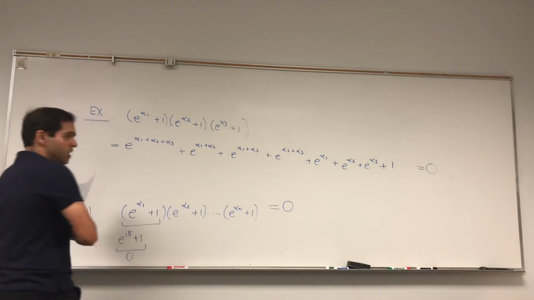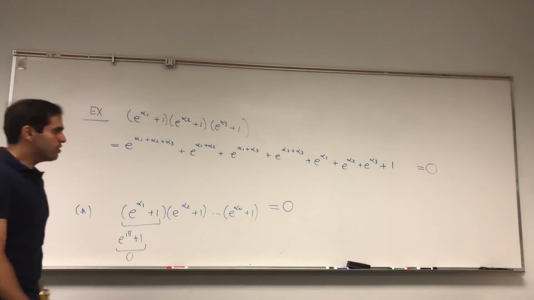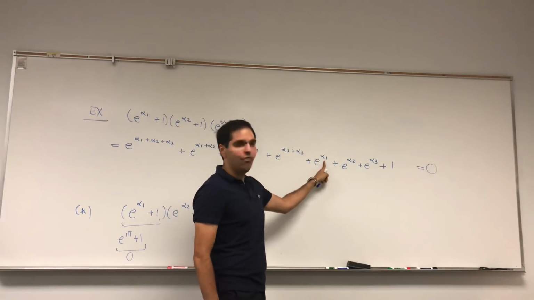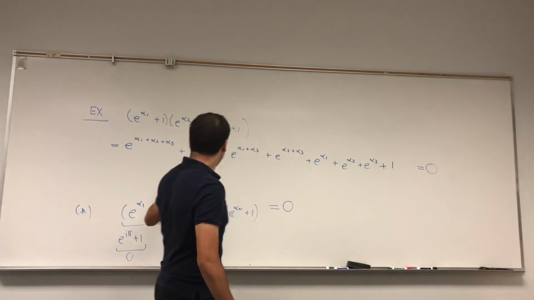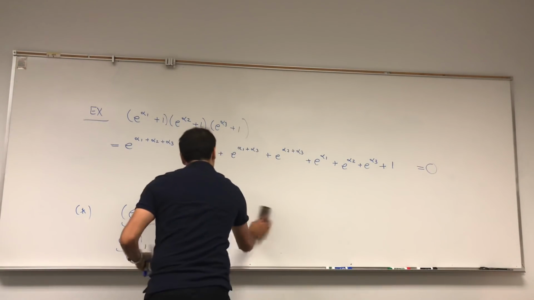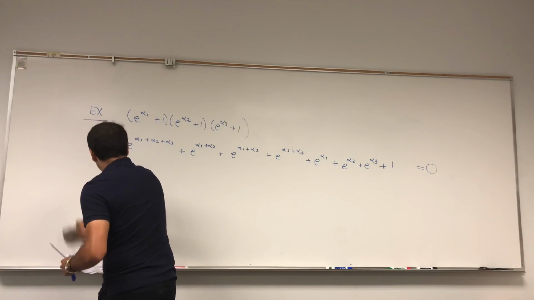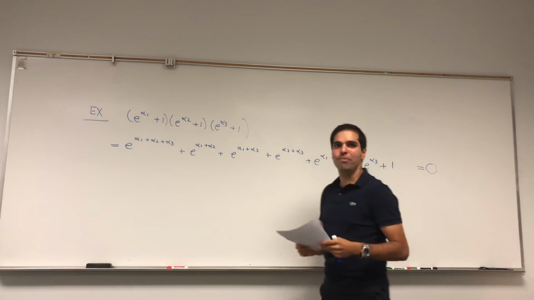So ignore the 1 for a second. There are really 3 types of terms. There are terms that just involve 1 alpha, terms that involve sums of 2 terms, and terms that involve sums of 3 terms. So single sums, double sums, triple sums.